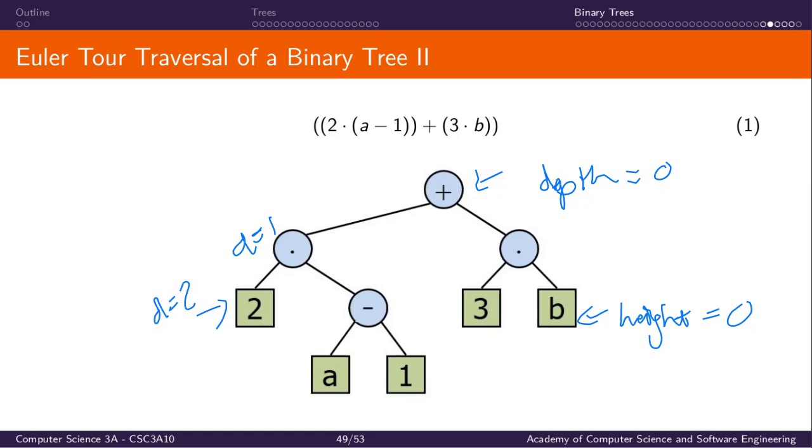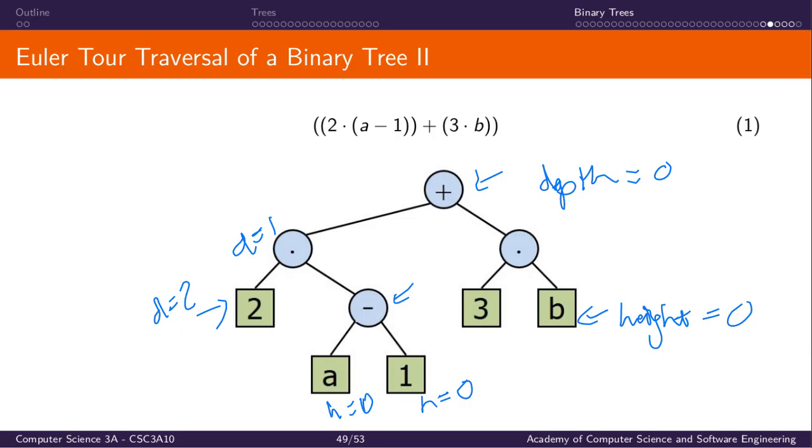Similarly, for our height, let's say we wanted to find the height of this node, which is an internal node. We say, well, is it external? If it is external, its height is 0. Otherwise, it's the maximum height of any of its children. So we recursively call that method on its children. The children satisfy the base case. Both of their heights happen to be 0 because they're external nodes.